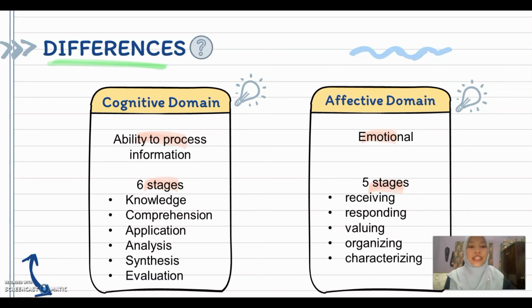While the affective domain has only 5 stages: receiving, responding, valuing, organizing, and characterizing.